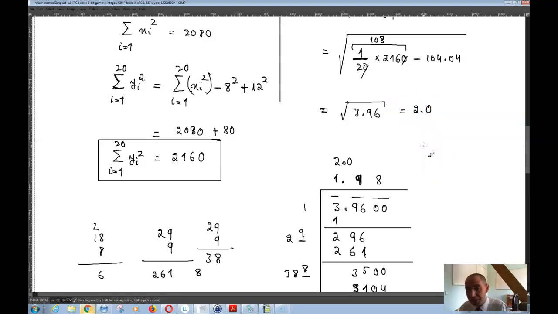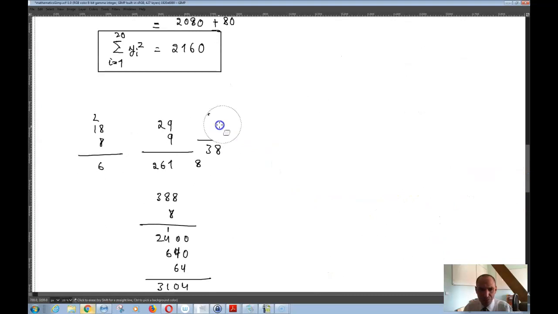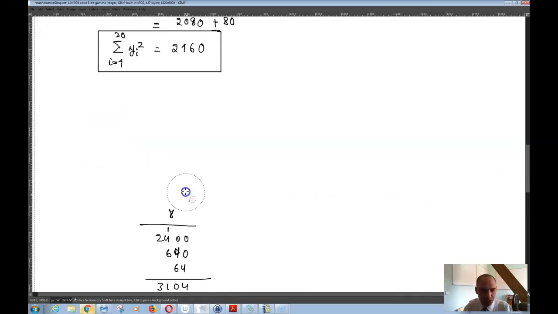So this is your standard deviation of your data when you take the 8 out and instead use a 12 in your observations.